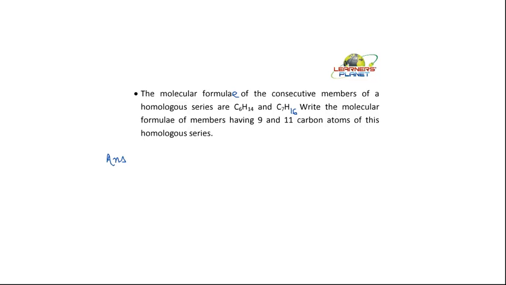C6H14 is C6, H6 multiplied by 2 plus 2. So its general formula would be CnH2n plus 2. This is the homologous series of alkanes.